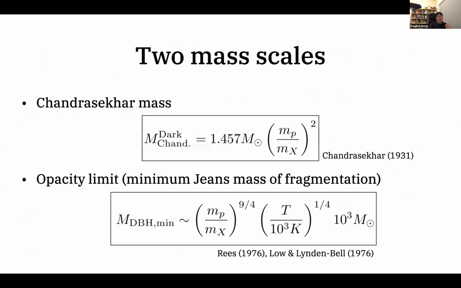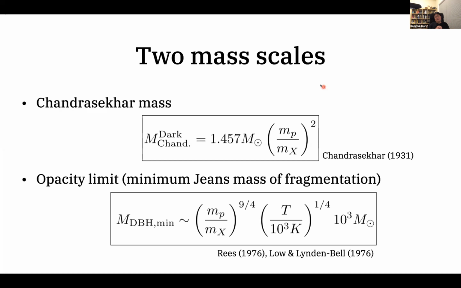That's because the Chandrasekhar mass is the maximum mass at which a degenerate star can hold up against gravity, right? And the degenerate pressure increases if you have more particles, right? And the number of electrons is determined by the number of protons if you assume charge neutrality, which is very natural. That's why the Chandrasekhar mass must depend on the proton mass.